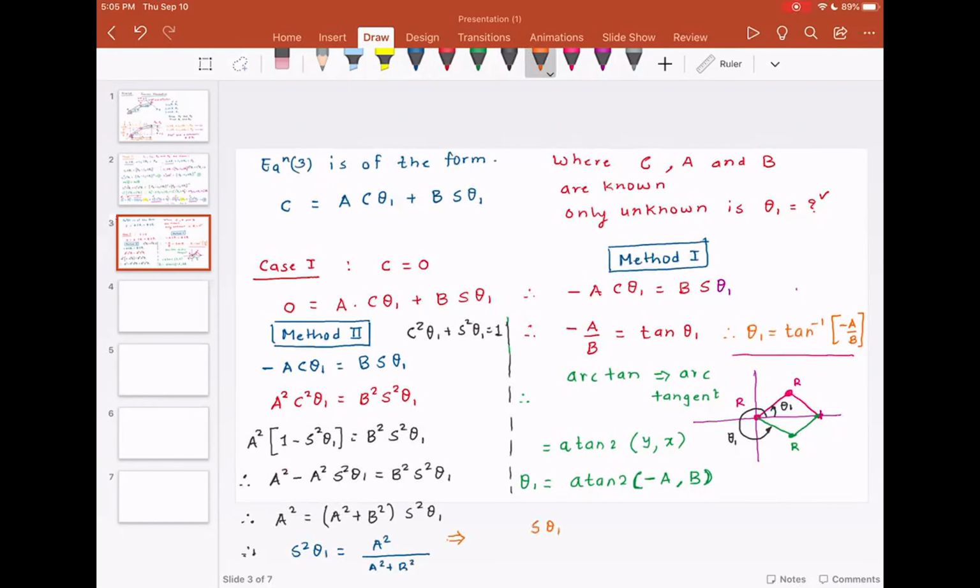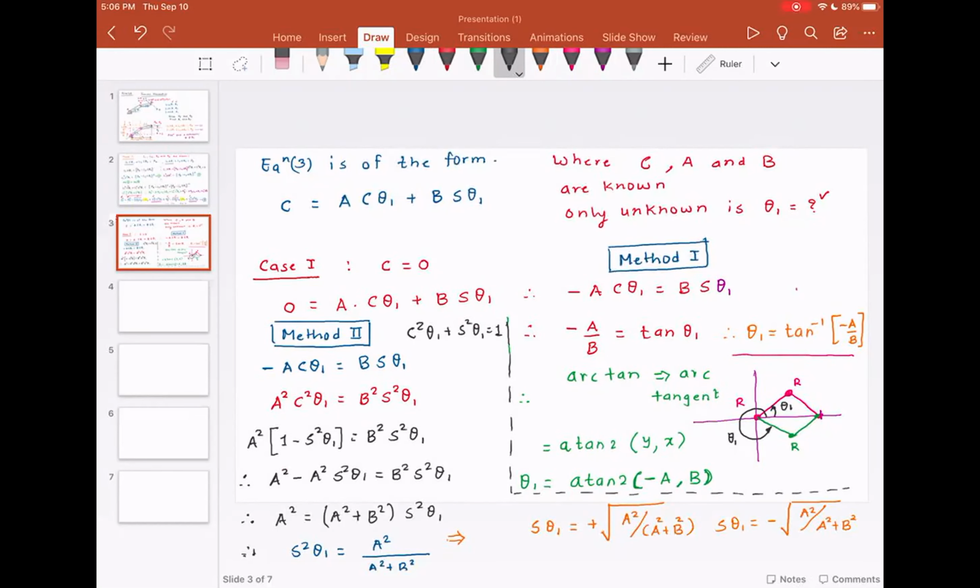Sine theta 1 is equal to plus the square root of a square divided by a square plus b square, and sine theta 1 is equal to minus the square root of a square divided by a square plus b square, which means now you have two solutions for angle theta 1.